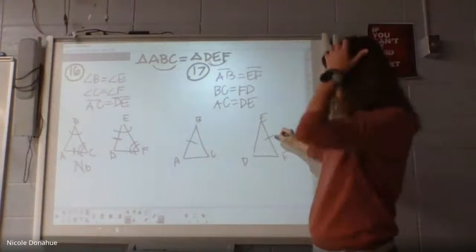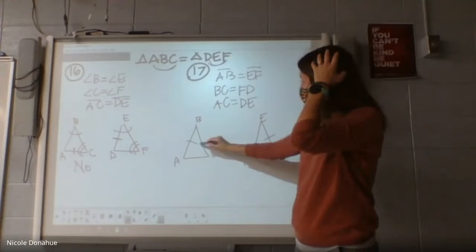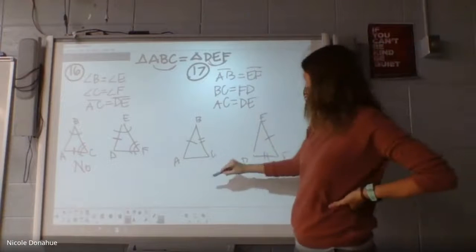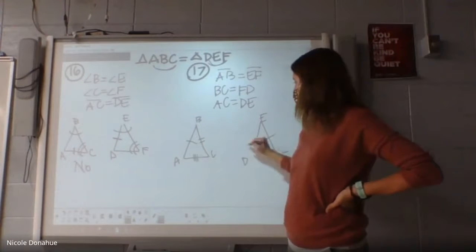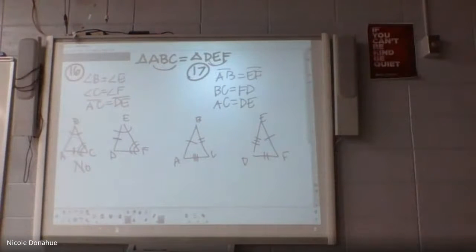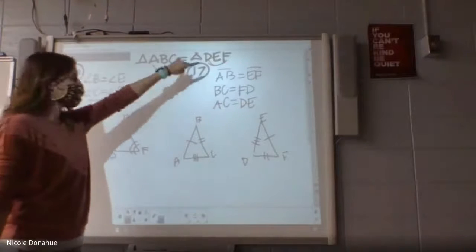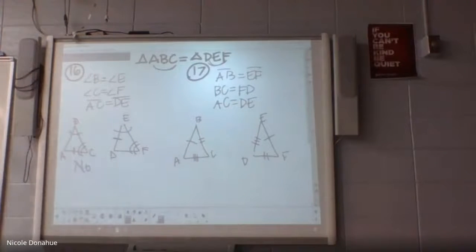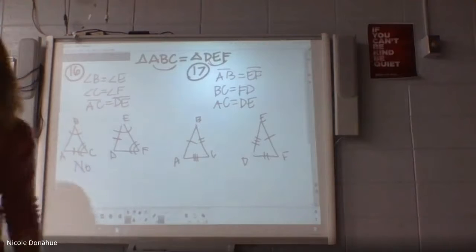And then BC, DF, we have this with this, but again, that doesn't match up. Then AC with DE. So I don't think it's the same side. Should be no, I think. Again, AC should go with DF based off the name, so the sides don't match up, so they are not congruent.